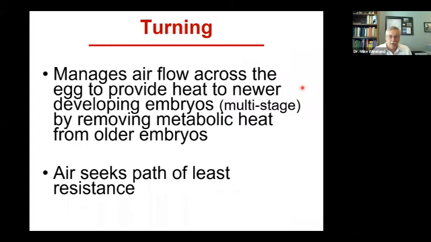So turning, as I said, manages airflow across the egg in order to provide heat to the newer developing embryos, especially in our multi-stage setups, by removing metabolic heat from our older embryos. The other point we have to keep in mind is that air is always going to seek the path of least resistance.